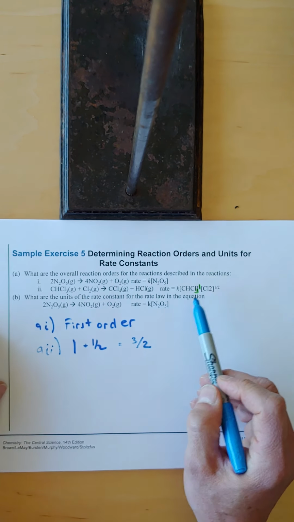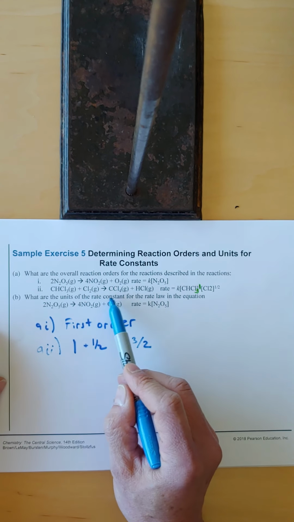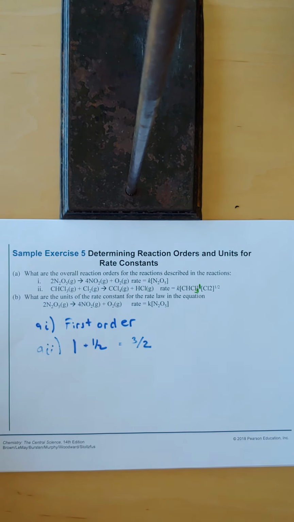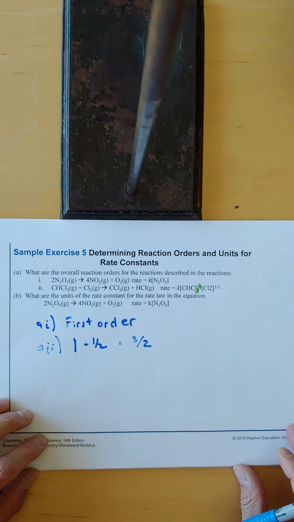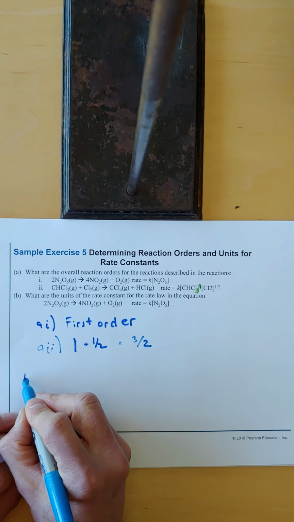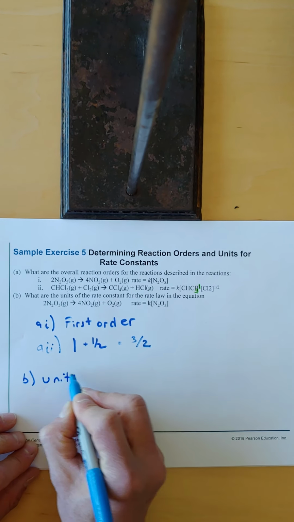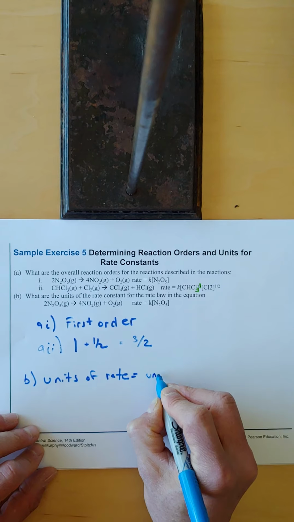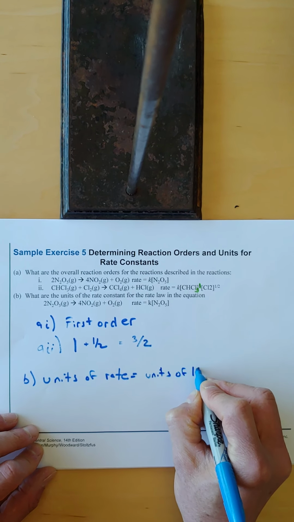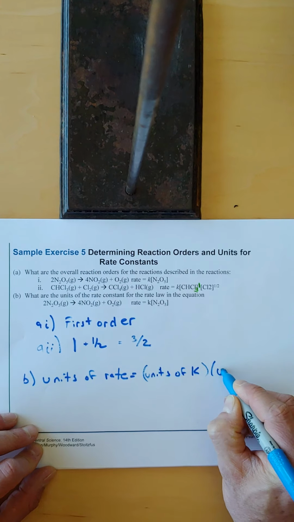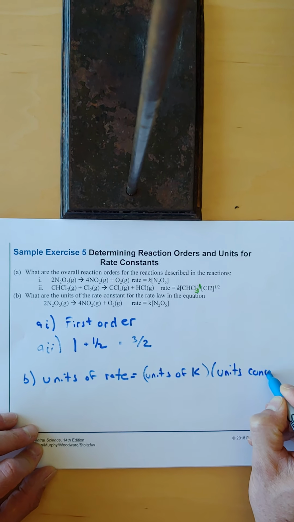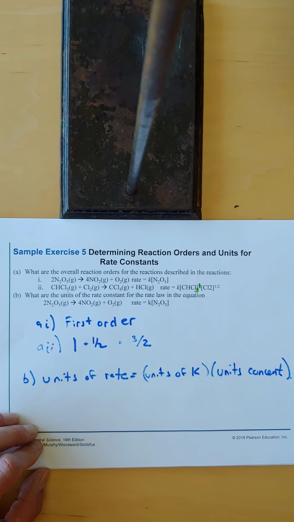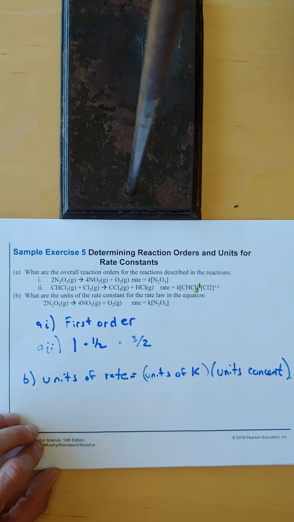The second question says, in this first reaction, what are the rate constant units? When we look at the units of our rate constant, for part B, the units of rate are going to be equal to the units of my rate constant times my units of concentration. For my rate law, what are the units of my rate going to be?